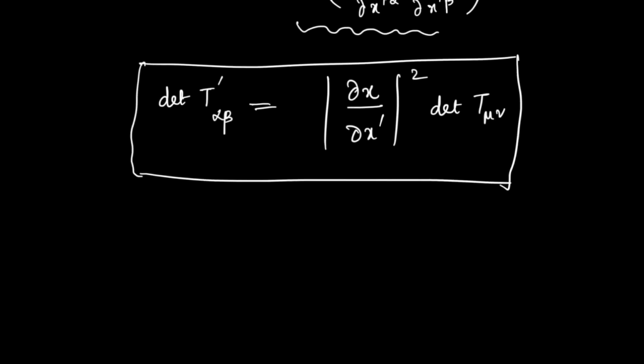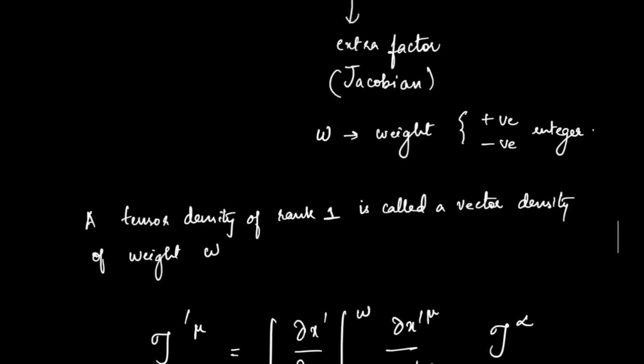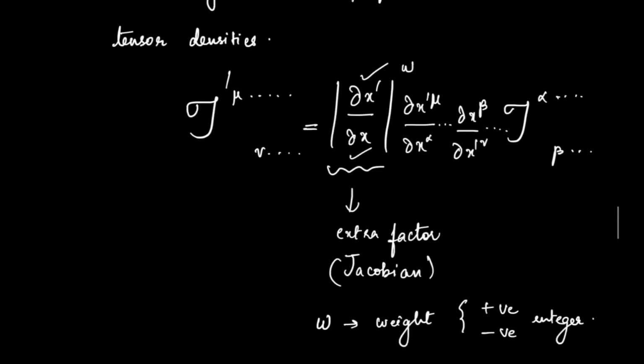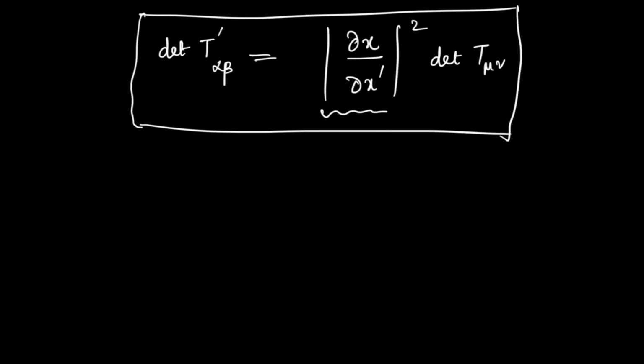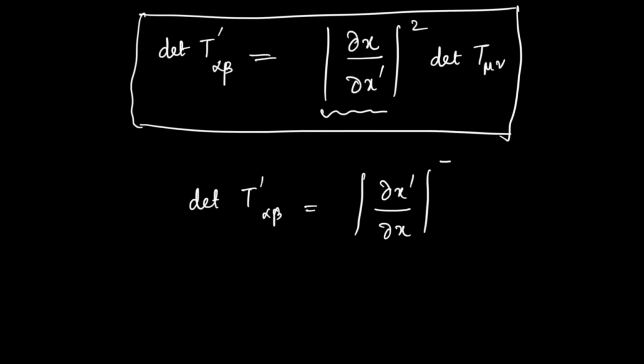So here you can see some quantity, but I'm comparing it with the Jacobian. In the Jacobian, x prime should be in the numerator and the partial derivative of x should be in the denominator. But here I am seeing something inverse, so I'm just trying to make it in the other form. If I want to make it in the other form, then I have to write partial derivative of x prime with respect to x, but this 2 I have to change to minus 2.